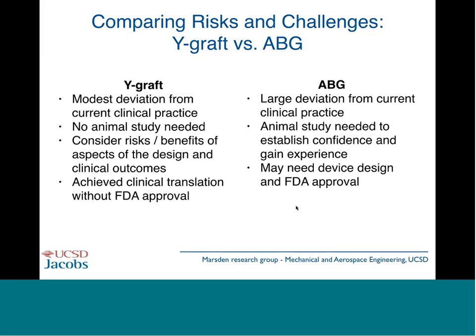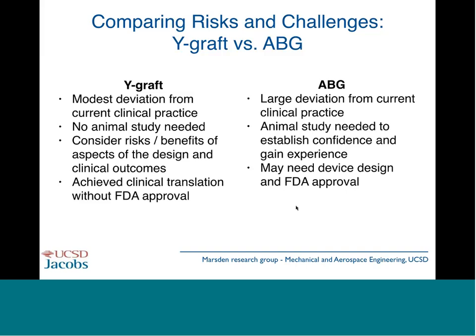So the Y graft was viewed to be a modest enough deviation from current clinical practice that we were able to go directly from simulation to human studies without doing an animal study, without needing new FDA device approval.